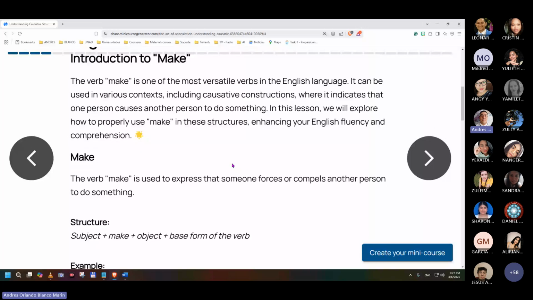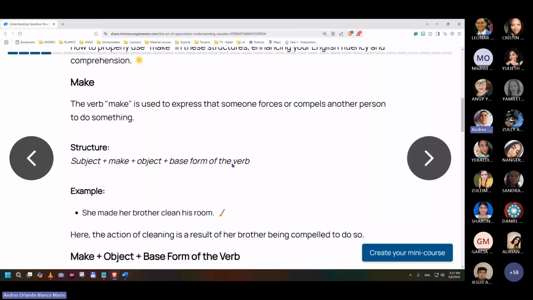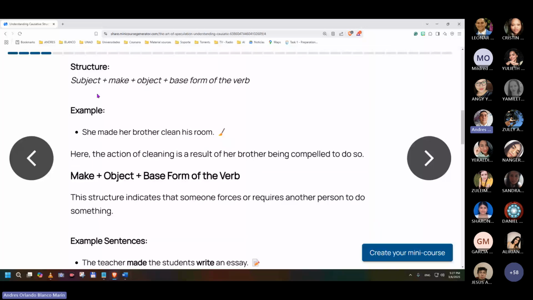So when I'm using make as a causative verb, I use it to express someone forcing another person. Once again, this is the structure. It's very simple. Subject, make, object, plus base form of the verb.